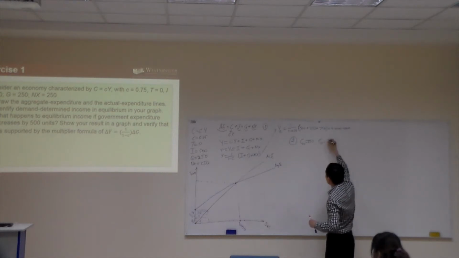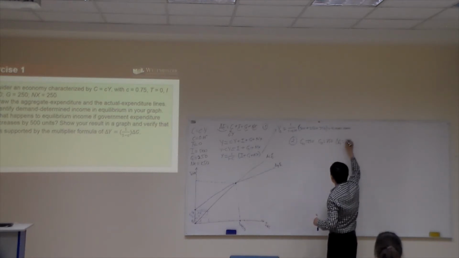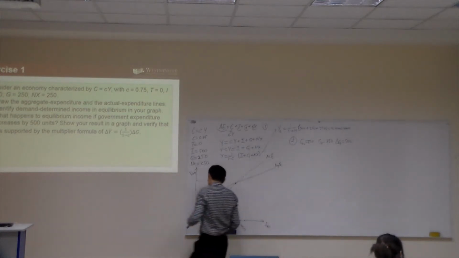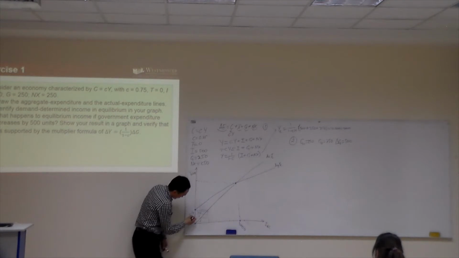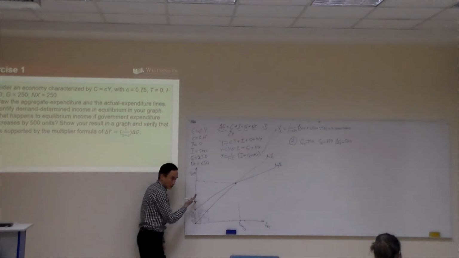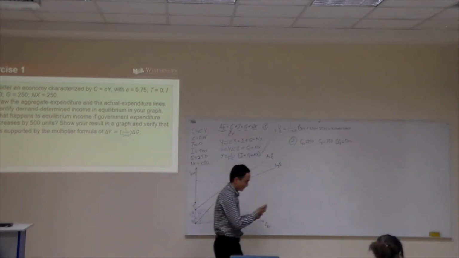Now government expenditure is 750, which means the change in government expenditure is positive 500. So the starting point is going to shift, correct?